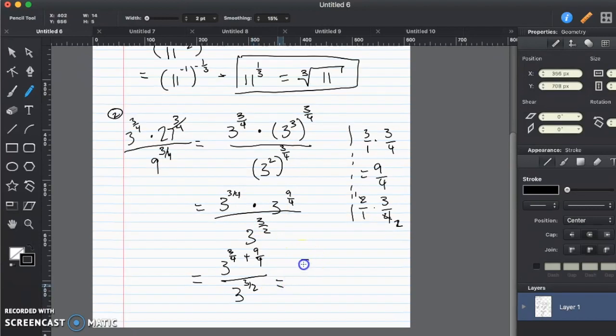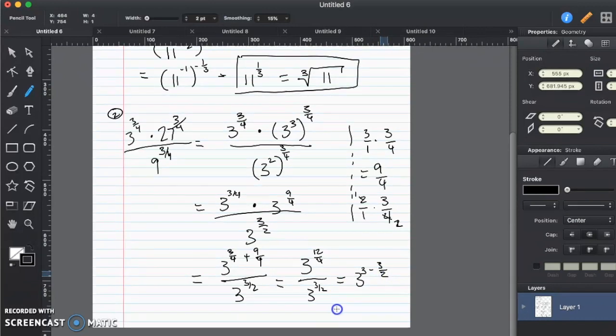I can add those because they have a common denominator. So it's going to be 12 fourths, all over 3 to the 3 halves. That's going to give me 3 to the 3rd power on top, and then I'm going to subtract 3 halves.